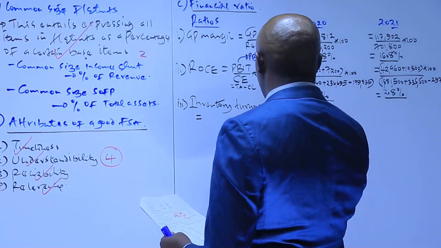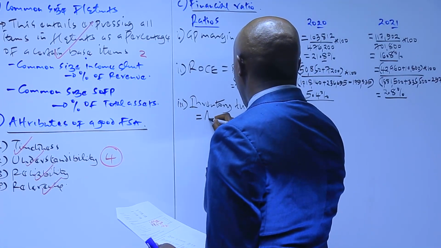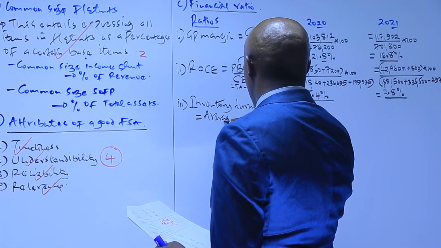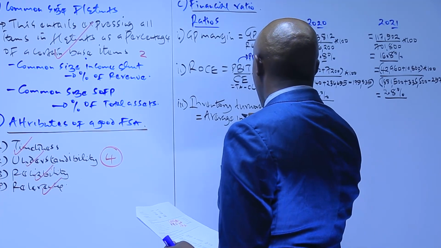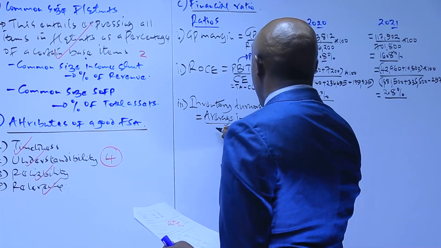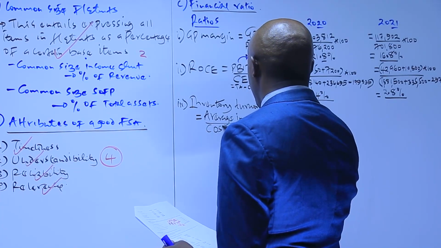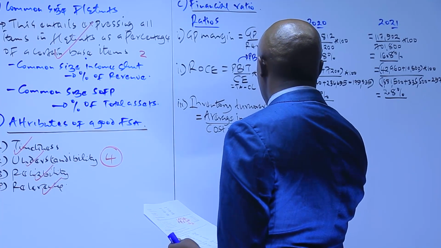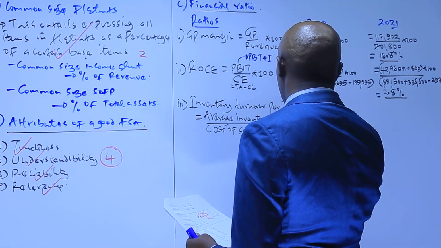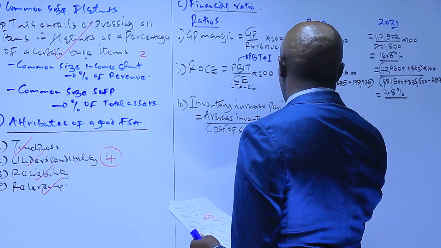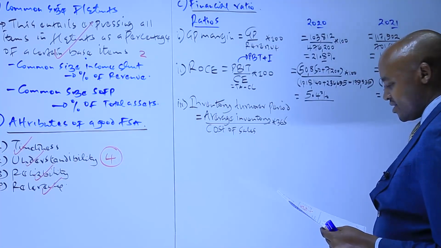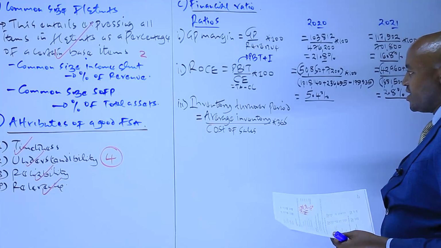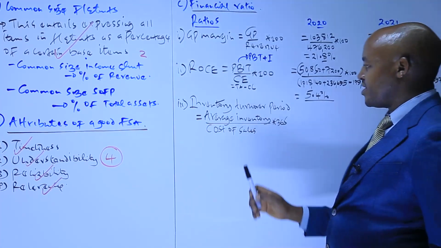So how do we arrive at this? We take the average inventory, we divide that with the cost of sales, and then we multiply that with the number of days in a year. In our case, we are told to assume a year has 365 days.